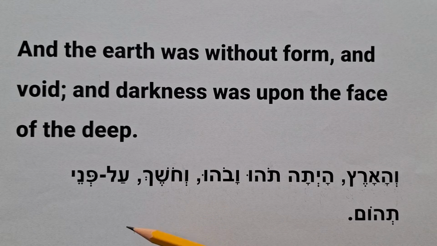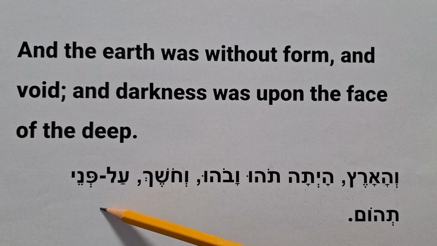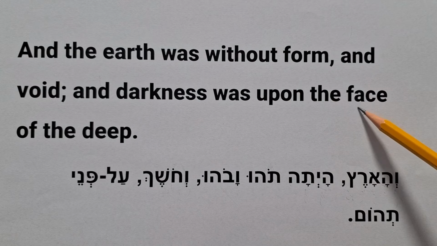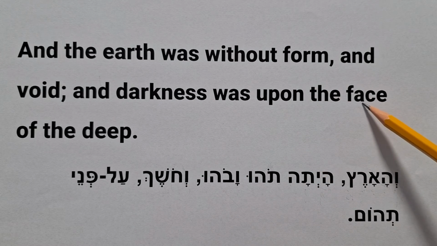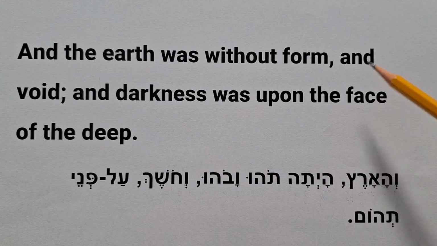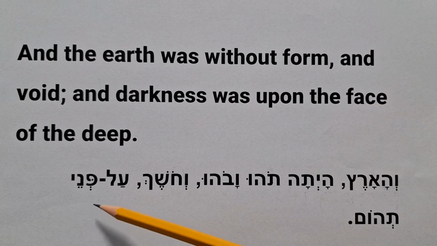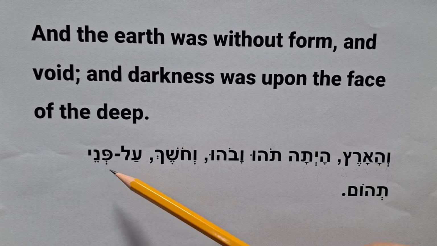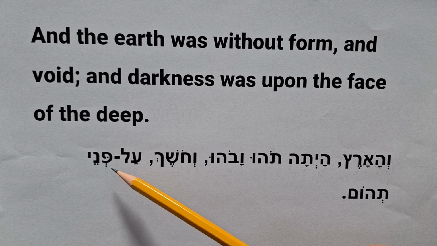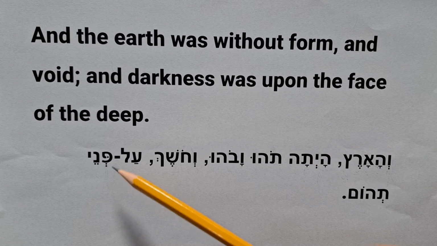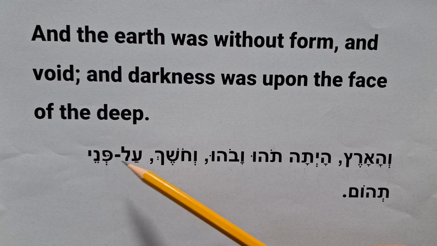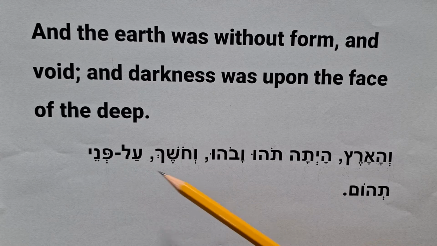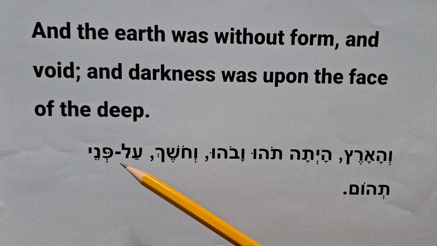So vechoshech, comma, al pnei, that's upon the face. Face in Hebrew is panim, but because pnei here is construct state with face of the deep in Hebrew, pnei tehom, two nouns that go together.